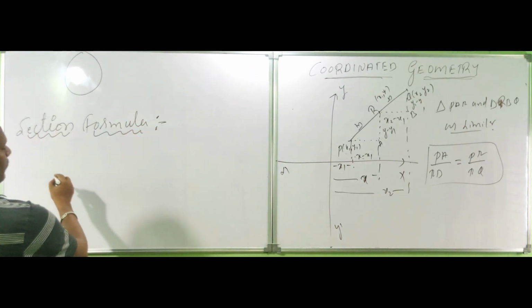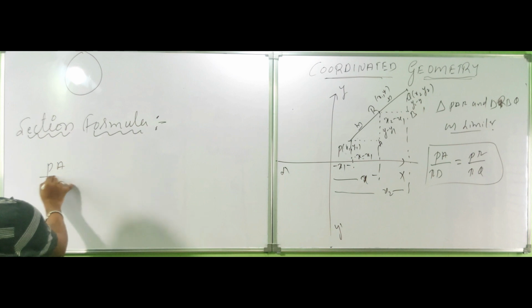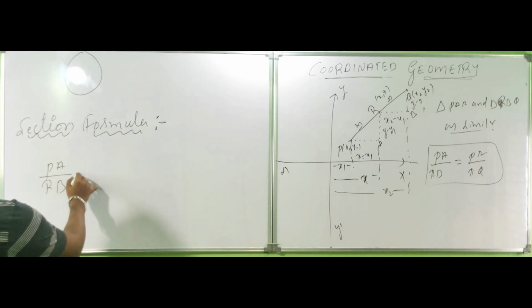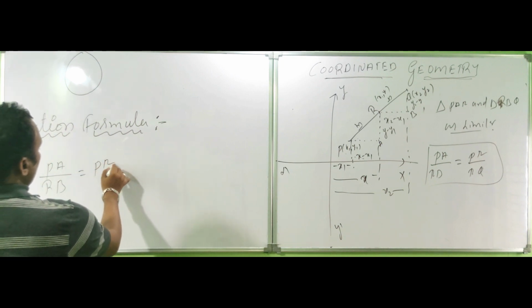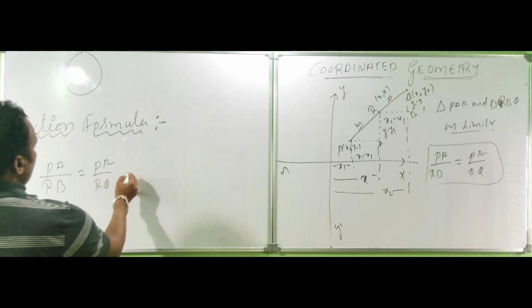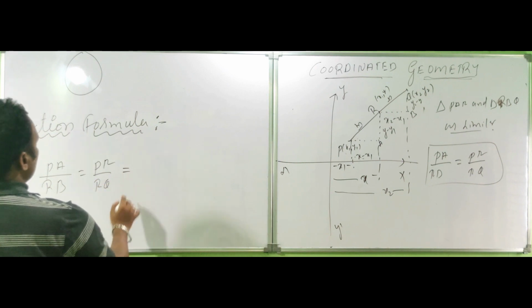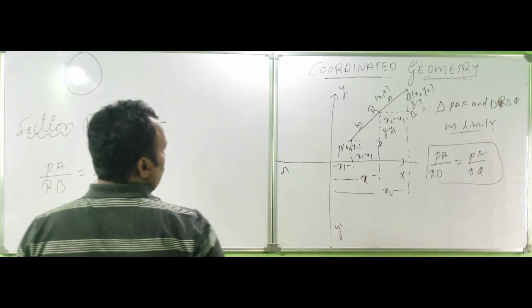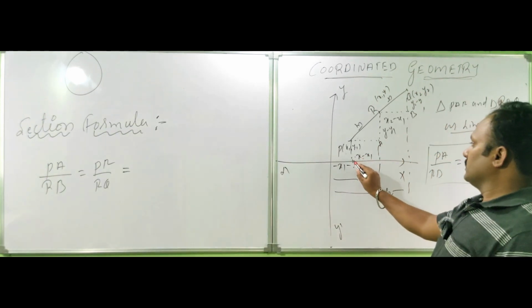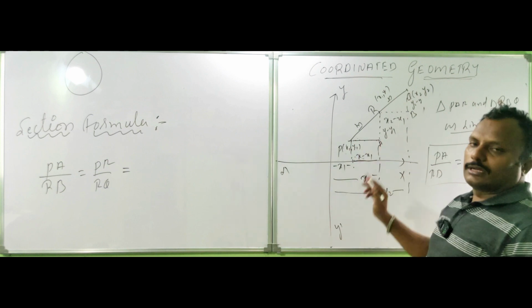What is PA by RB? PR by RQ. This is equal to what is PA? X minus x1, only this portion.